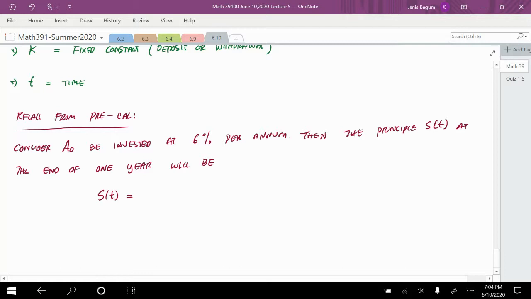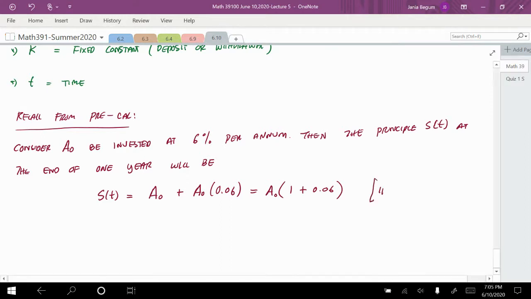If you're investing some amount A naught, after 1 year you are going to earn A naught times the interest, 6%, that will be 0.06. That's the amount you get after a year in a savings account. If I rewrite this, this would just be A naught times (1 plus 0.06). So that's the amount you get after 1 year if the interest is compounded annually.